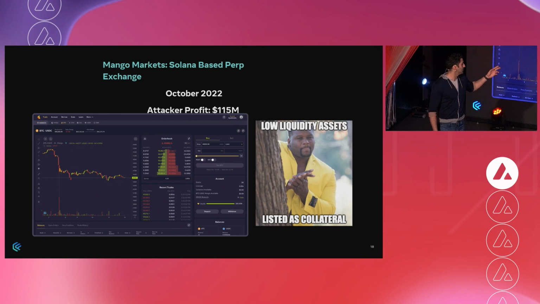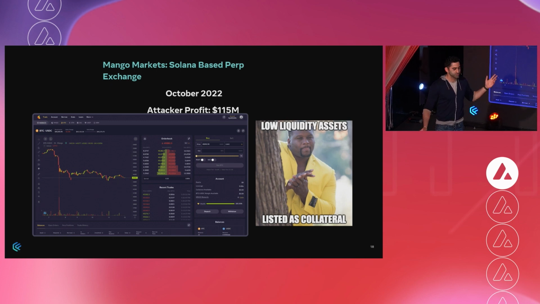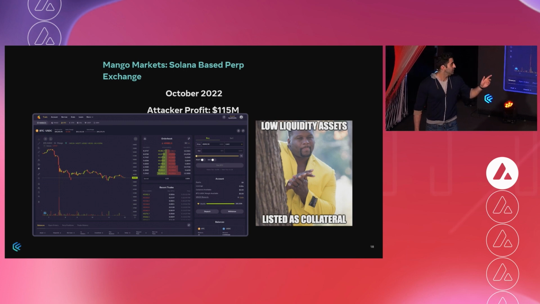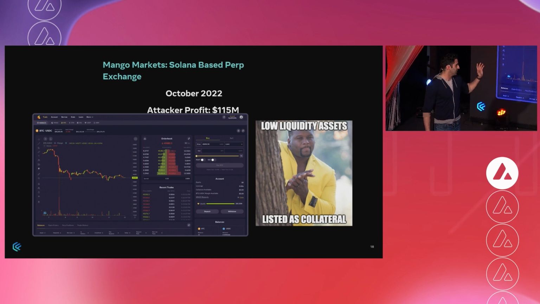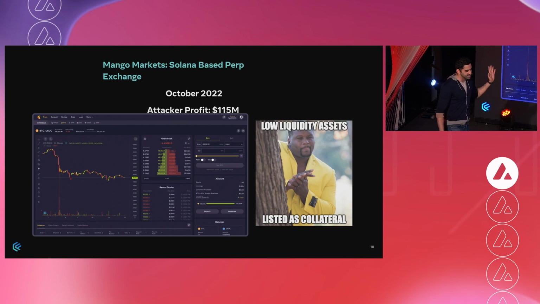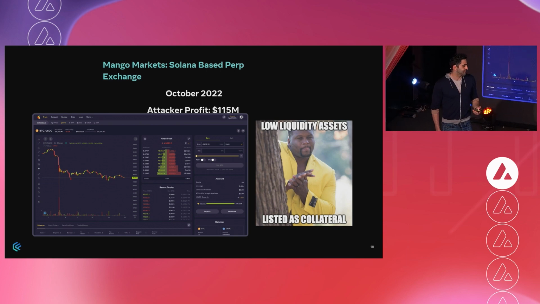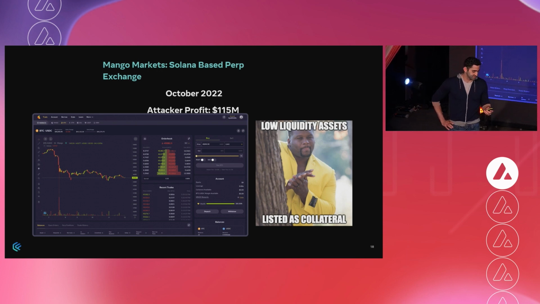In October 2022, an attacker who has since doxed himself as Avi Eisenberg profited $115 million. In one sentence, Avi recognized that they had enabled the native Mango token as collateral for the perp exchange, and realized that with relatively little capital, he could cause a lot of damage.